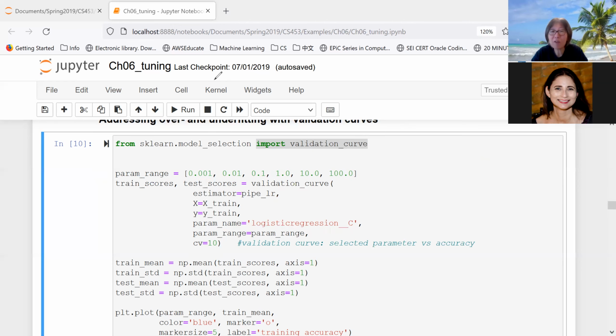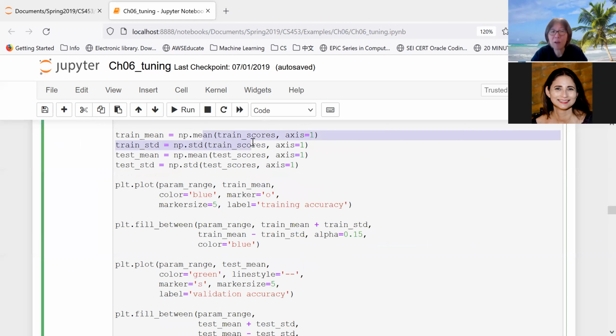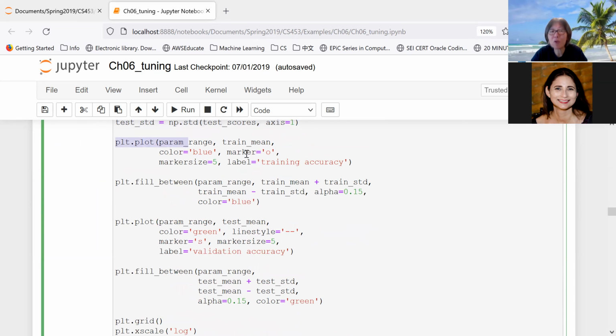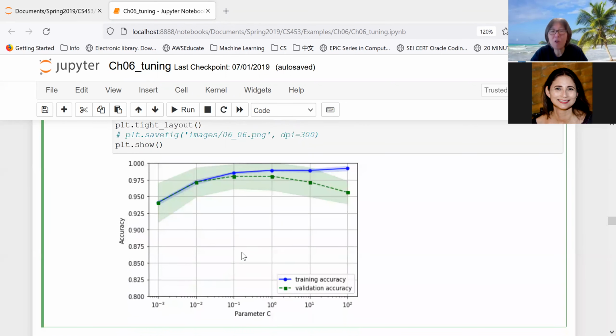After that, same thing, we can collect the training score and the testing score. Then similar concept, we do the plotting, with the range and the testing result.